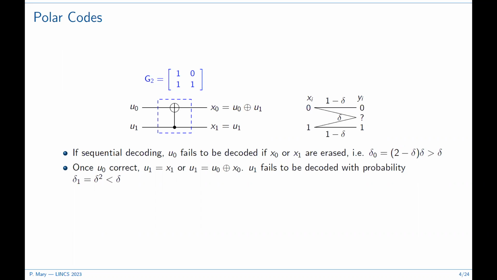Afterwards, if U0 is decoded correctly, we can retrieve U1 by observing X1 or by combining U0 with X0. So a decoding error will appear if and only if X0 and X1 are both erased, which happens with probability delta squared, which is strictly less than the original binary erasure channel's. This is a striking observation made by Arikan. So we have two synthetic bit channels, one that is worse than the original one, and the other that is better.